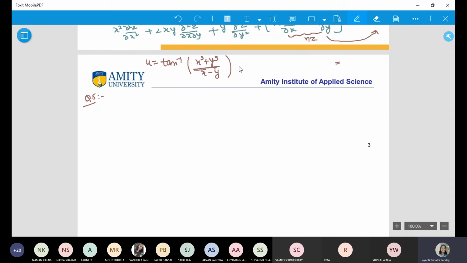Then show that x² ∂²u/∂x² plus 2xy ∂²u/∂x∂y plus y² ∂²u/∂y² is equal to 2 cos 3u into sin u.